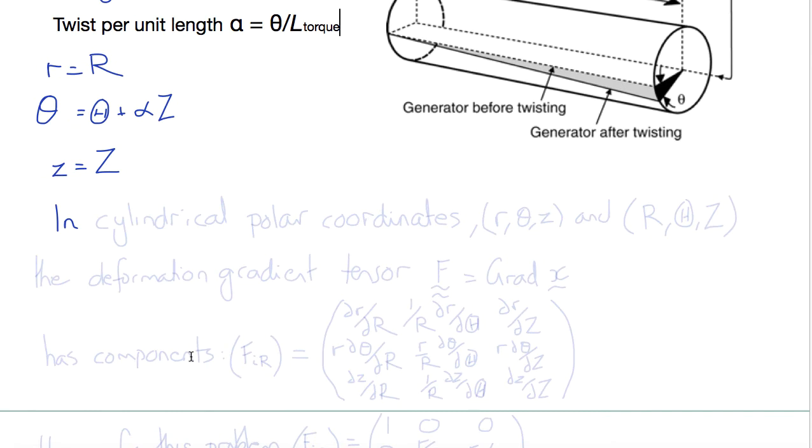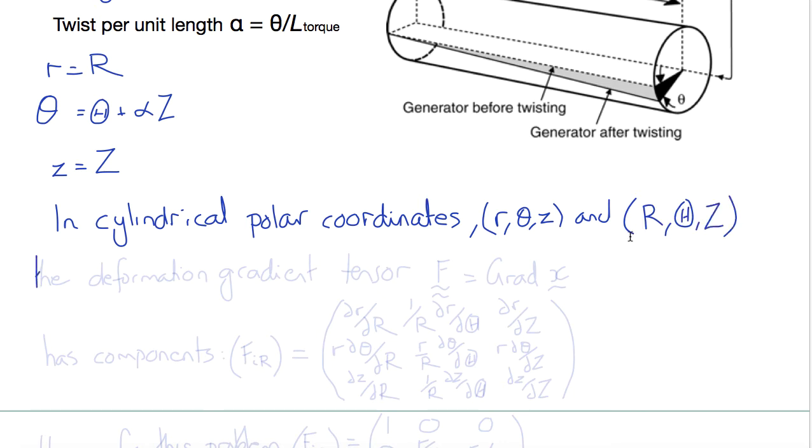So to go further, we need to be able to write the deformation gradient tensor in cylindrical polar coordinates. In other words, where our deformed coordinates, instead of being little x, y, z, are little r, theta, z, and our undeformed coordinates are capital R, capital Theta, capital Z.